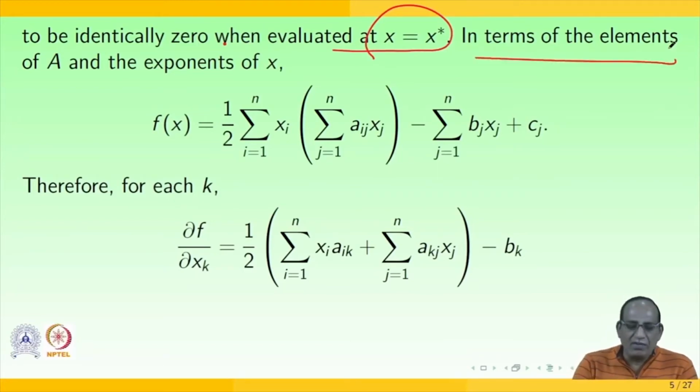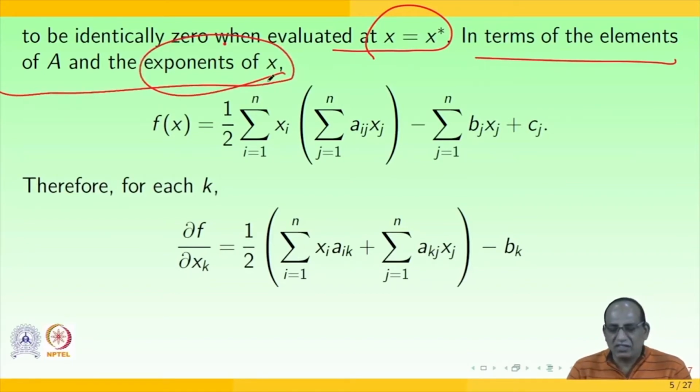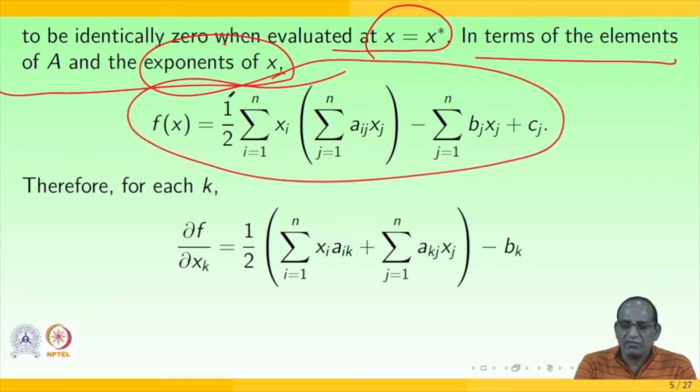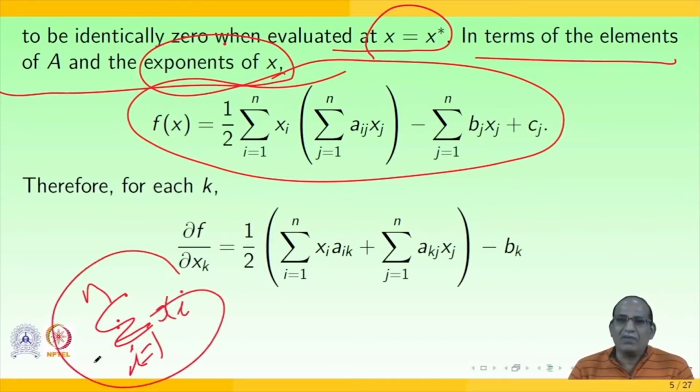In terms of the elements of A and the components of x, we can write F of x is equal to half times the summation i equal to 1 to n x i multiplied with the summation j equal to 1 to n a ij x j, minus the summation j equal to 1 to n b j x j, plus c.